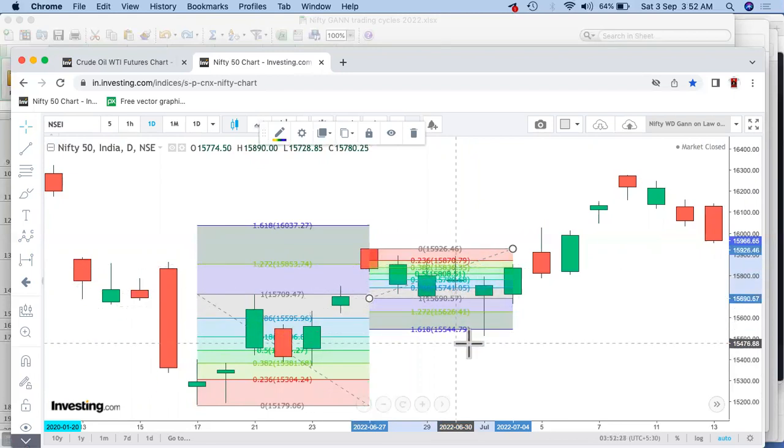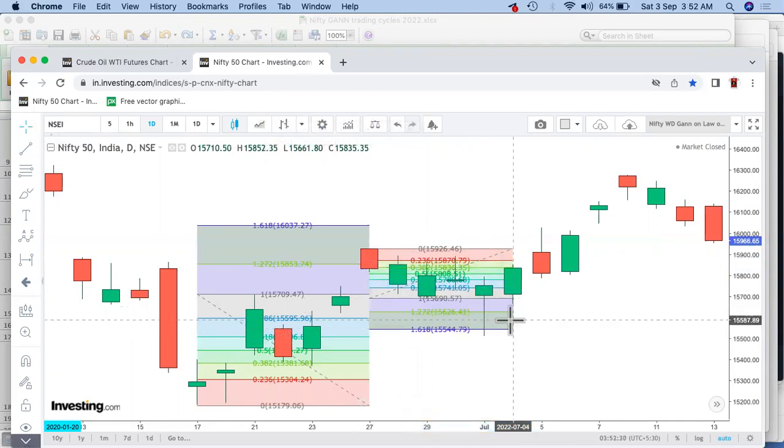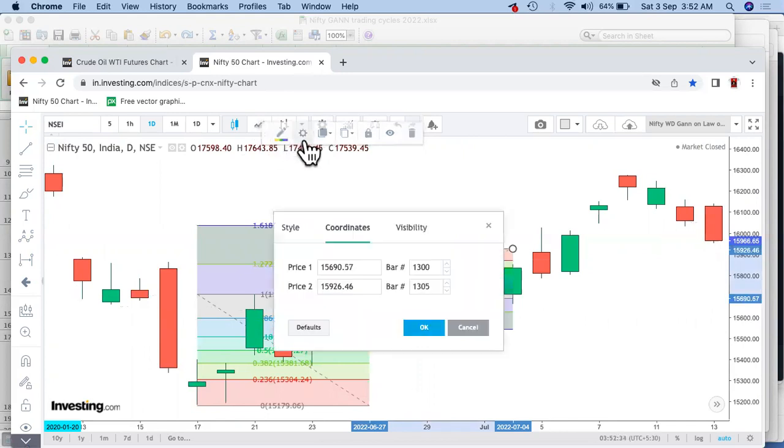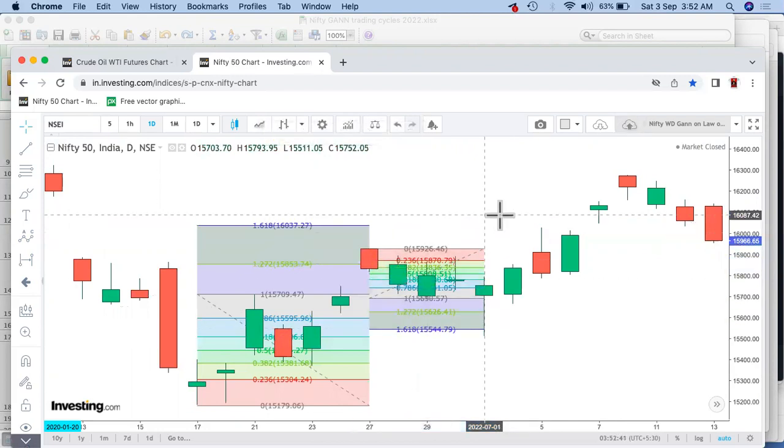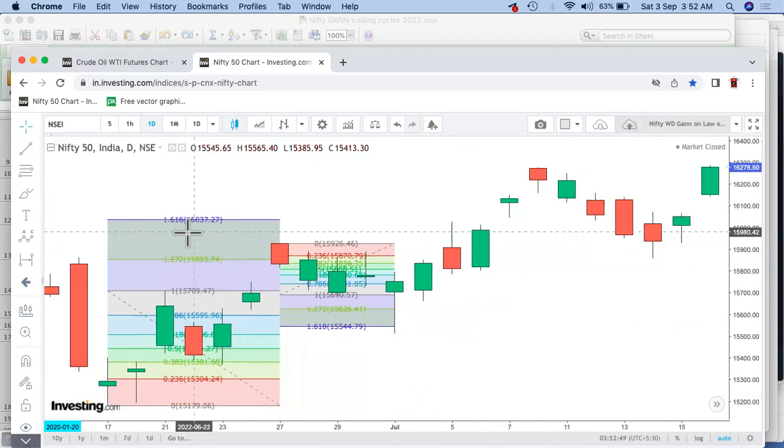So again, some kind of assumption which we think has been getting repeated. And with this, we also have the third Fibonacci, so that we have that 50% reversal happening. That's why probably Gann kept more focus on these 50% reversals, right? This is a wild guess from my side. I may be wrong.